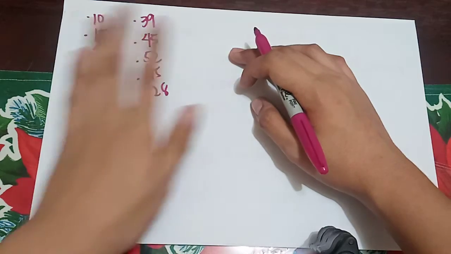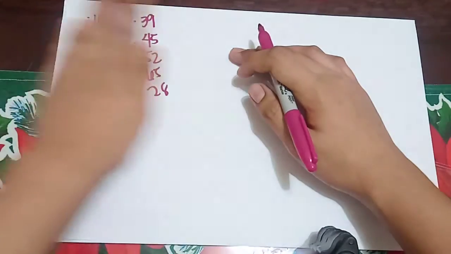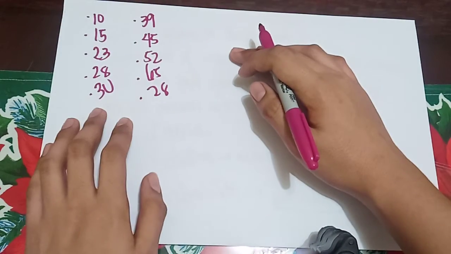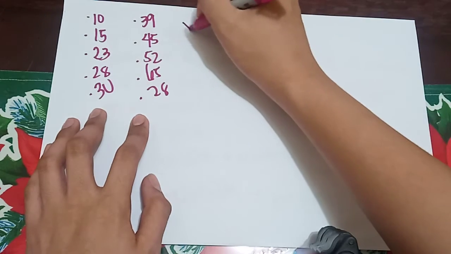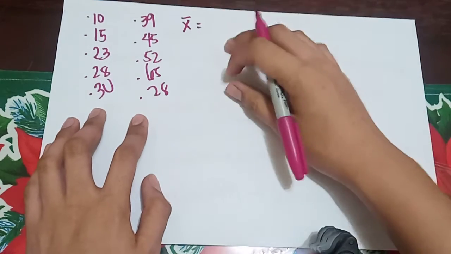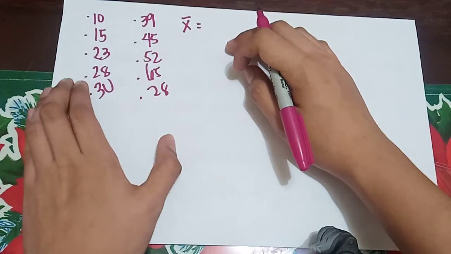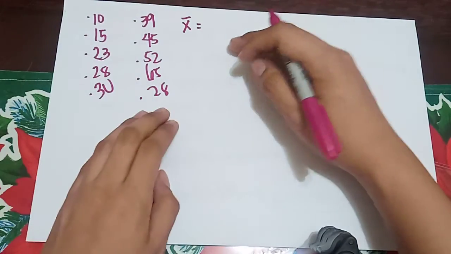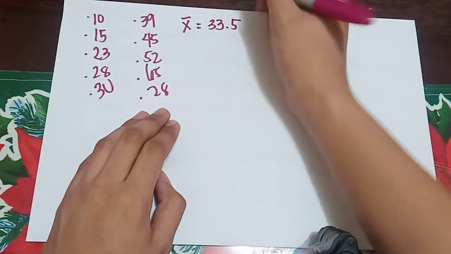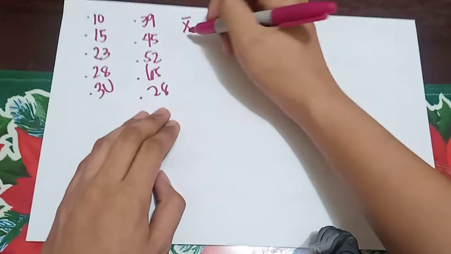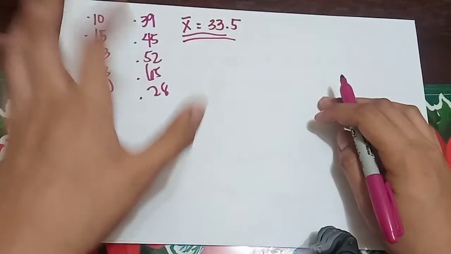Let's say that the set of scores is the result of an ongoing experiment. And let us say that the expected true value of the average of these scores is 33.5. This is the expected true value of the average.